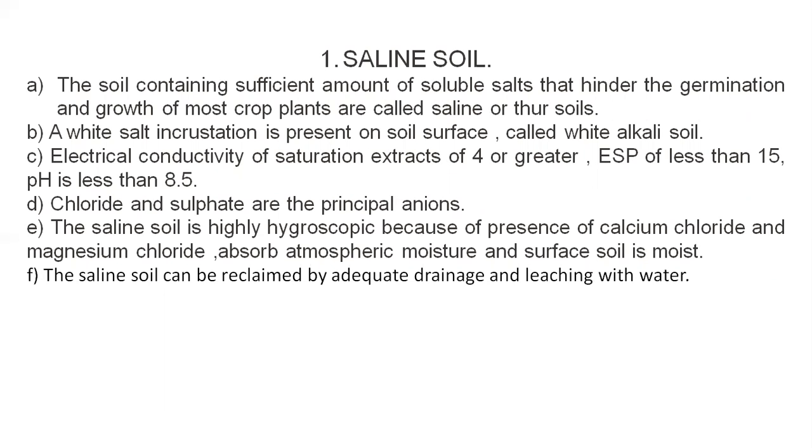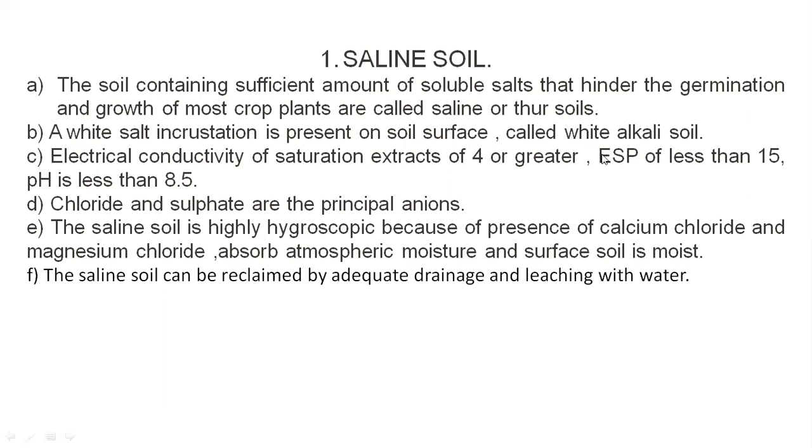We pour some amount of water in it, and after some period of time, nearly 24 hours, we get out the saturation extract of that soil. Then we measure the electrical conductivity with a special instrument, a TDS meter, by which we can take the readings.